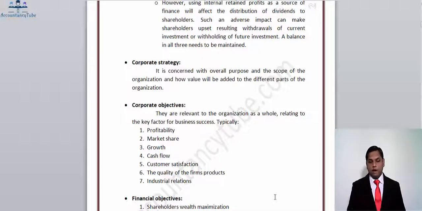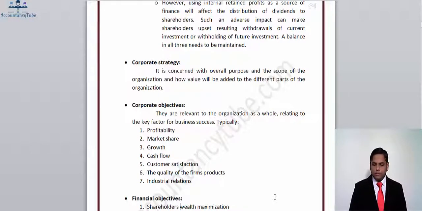So if that's the corporate strategy, in order to achieve that strategy, there are corporate objectives set by every company. I've included certain corporate objectives here from the course. These are the basic corporate objectives which are incorporated by most companies nowadays. So let's look at them.